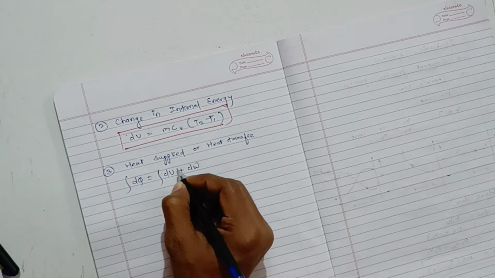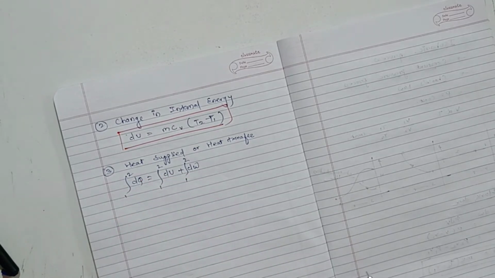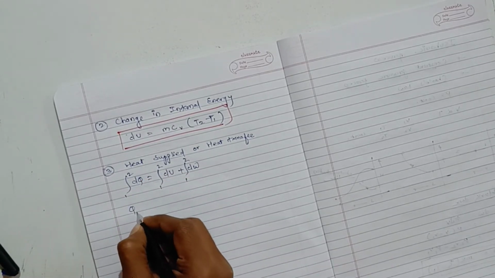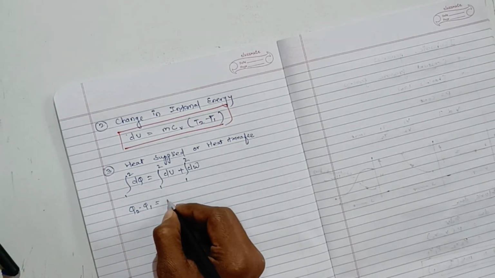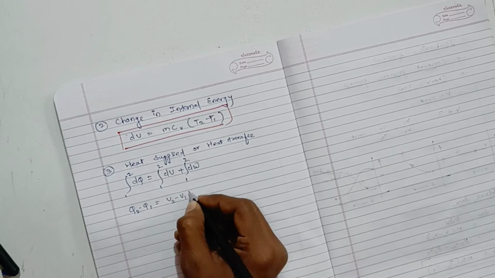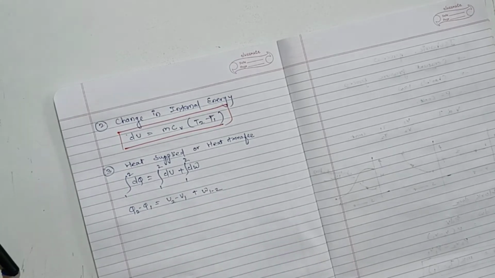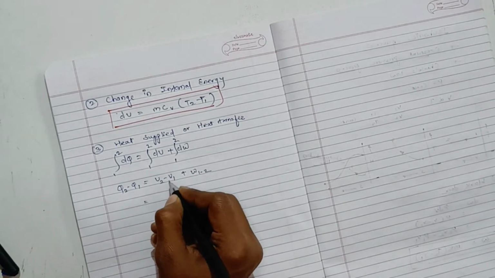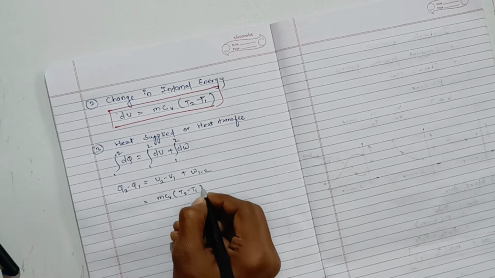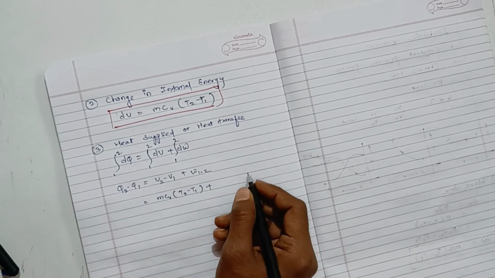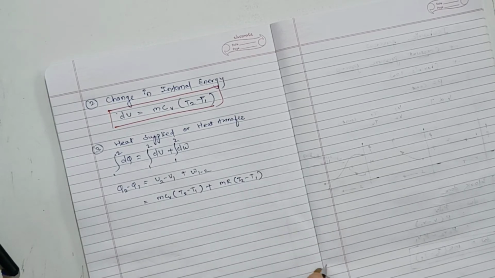Taking the integration on both sides from state 1 to 2, we can write Q2 minus Q1 is equal to dU, that is U2 minus U1, plus the work done from 1 to 2. So U2 minus U1 is m Cv (T2 minus T1) plus W1-2, that is mR (T2 minus T1).